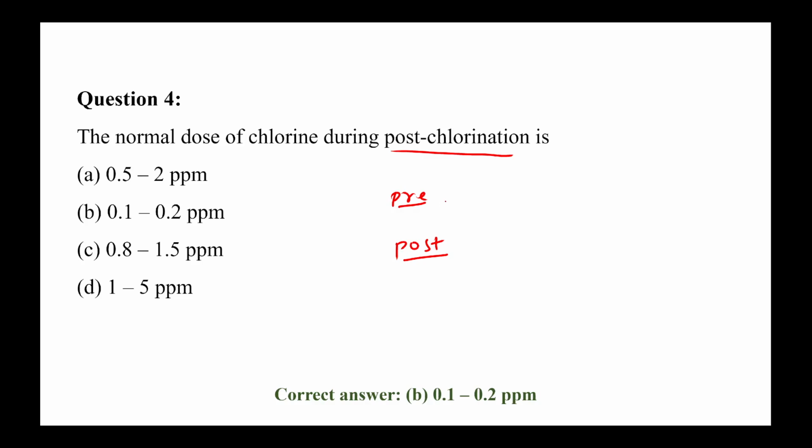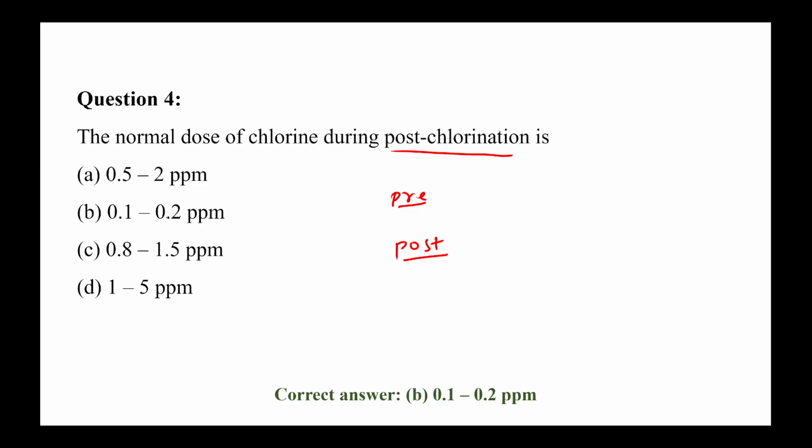Now think logically, if we have to do chlorination at the beginning, we would need more amount of chlorine, right? Because the water is going to be very contaminated and we would need a lot of chlorine to clear out all the organic material and the live organisms. And if we are doing all the other steps of water treatment first, and then at the end we are doing chlorination to remove the remaining organic matter, in that case we would need less amount of chlorine.